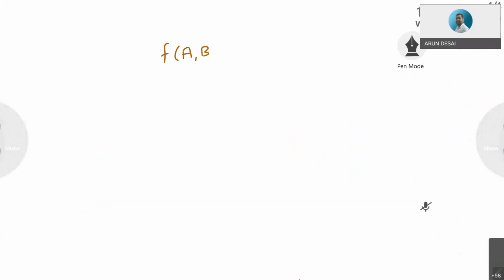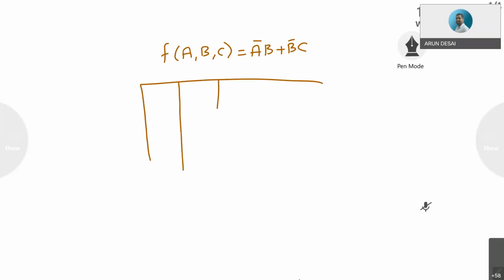F of A B C is A complement B plus B complement C. So how is it denoted in truth table method? Again, you know truth table.